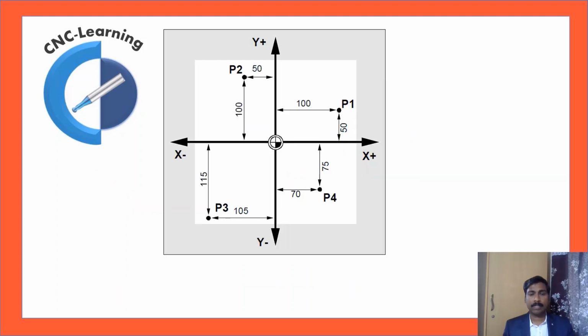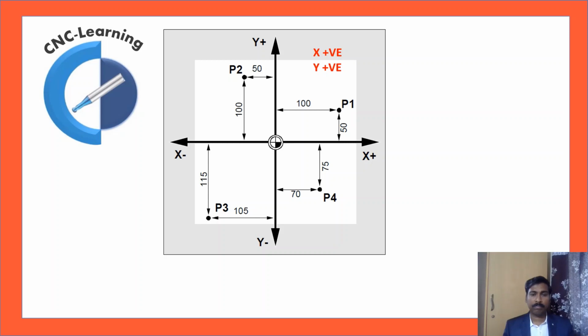Now this is a screen where you can see the X axis and Y axis and some points defined. So you can see here in this quadrant, X axis is positive and Y axis is positive.